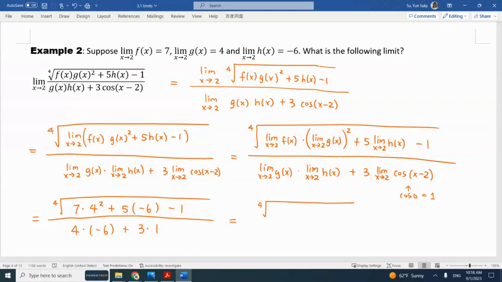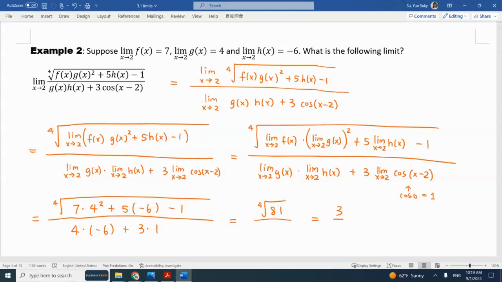This is too long. 81, and we know that's 3. Okay, look at the denominator. We plug in x is 2 in the function. See, how do we calculate limits?